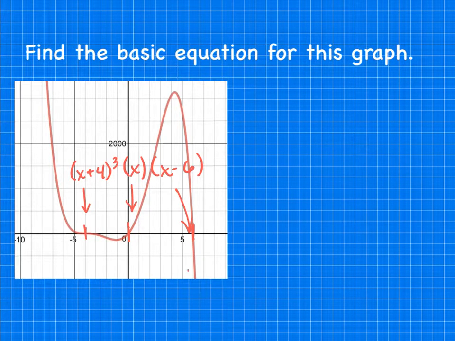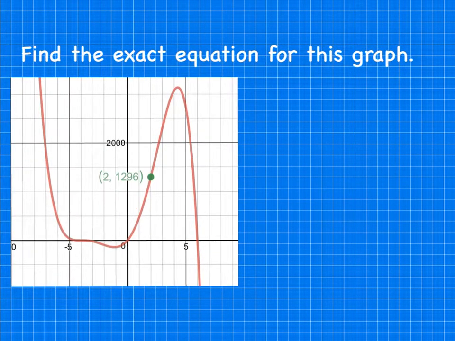We also know this is going to have a negative orientation, so if I were just writing the basic equation, I would put a negative. But at the next screen, I'm not going to put that negative, because if we do all our work correctly, everything should come out to a negative number. So now I have this new piece of information, the 2 and the 1296.